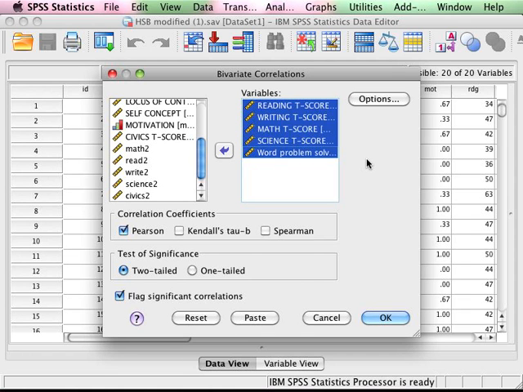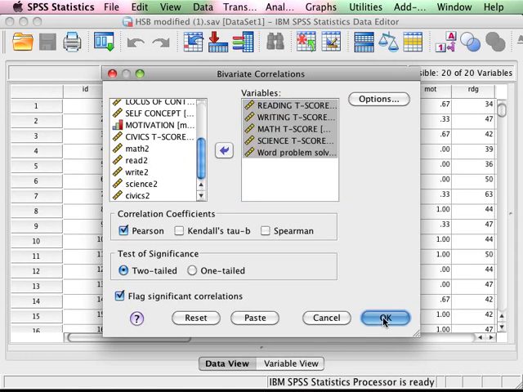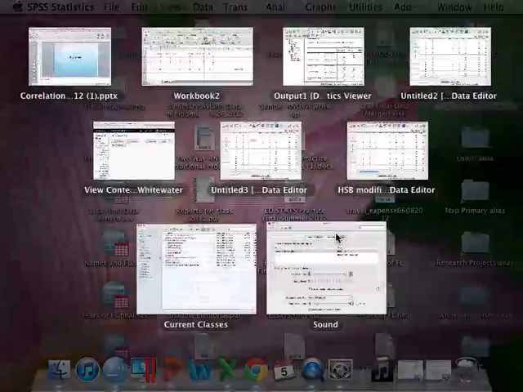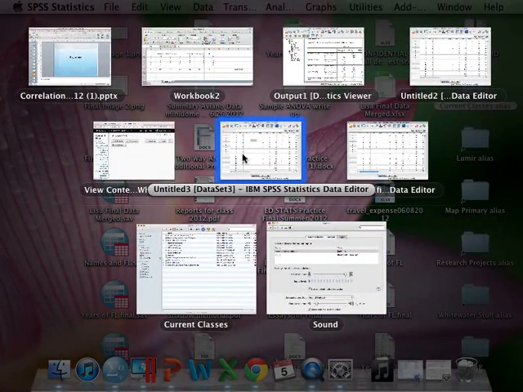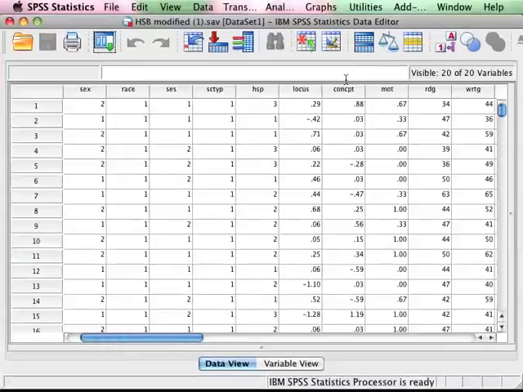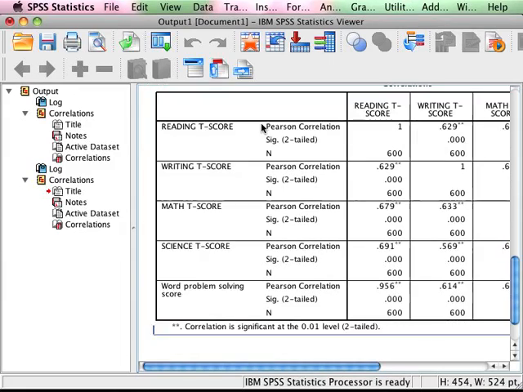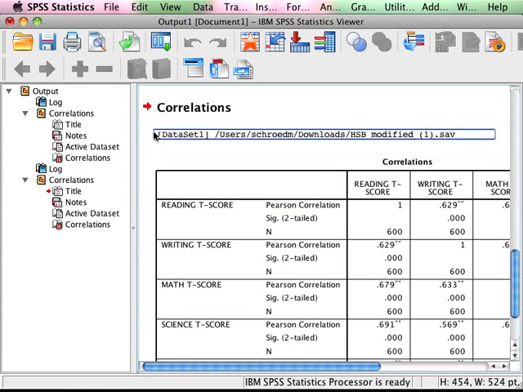All right, and then click OK. Here we go. Now we have this grid.